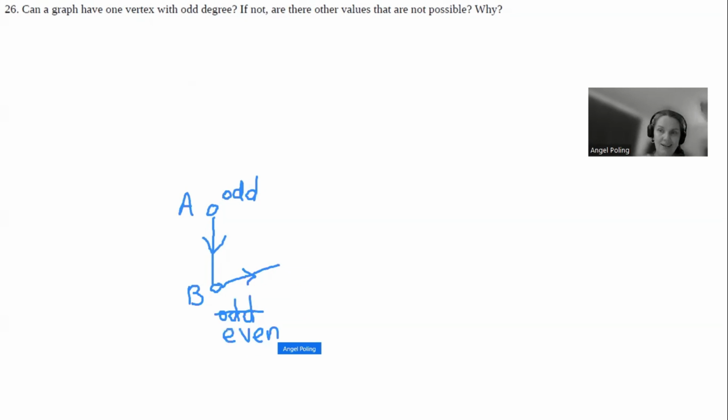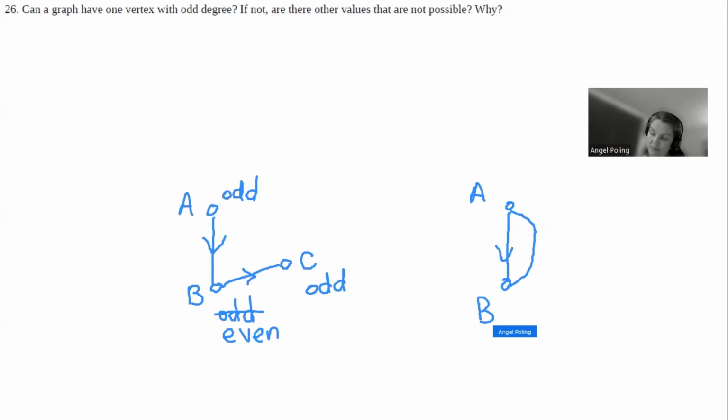But now that exit has to be absorbed somewhere. We can make a new vertex. Now that new vertex is odd. We could have instead tried to go back to A, but then A would now be even.